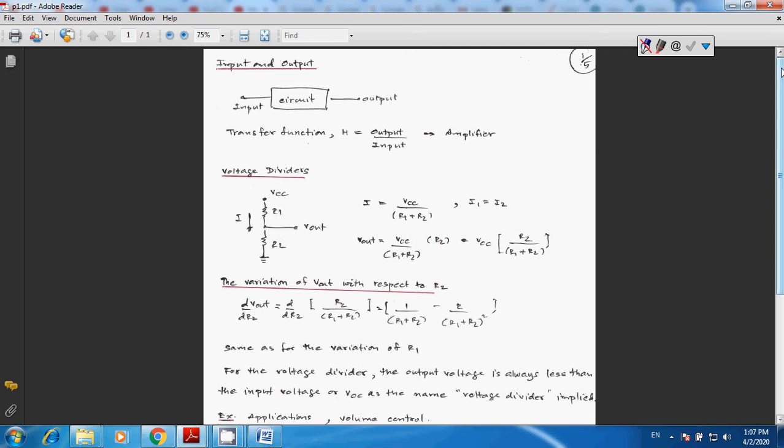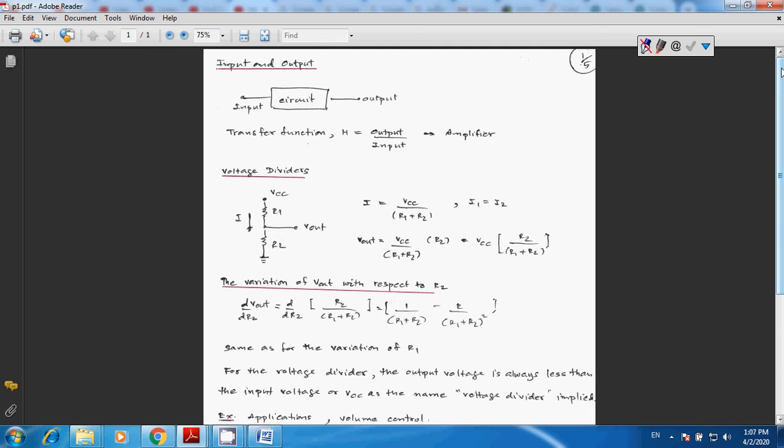That transfer function represented by capital H becomes the ratio of your output and input, or you can say the ratio of your V out and V in.